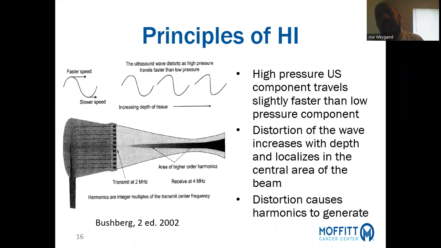This is because the high pressure ultrasound components travel slightly faster than the low pressure components, and this causes a distortion of the shape. And it localizes in the central area of the beam. This distortion causes the harmonics to generate.